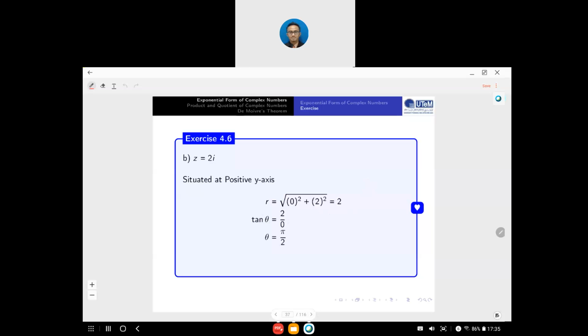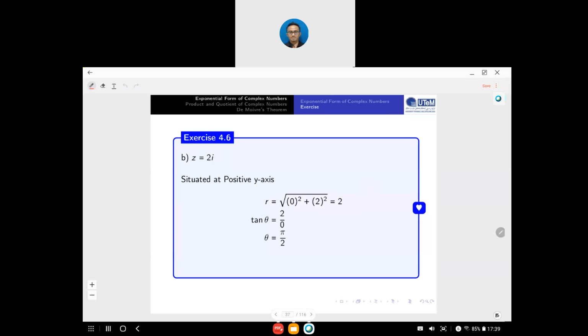So your theta equals pi over 2, because it is placed on the y-axis, and 90 degrees equals pi over 2. Then z equals 2 e to the power of pi over 2 i. Make sure you put the i.